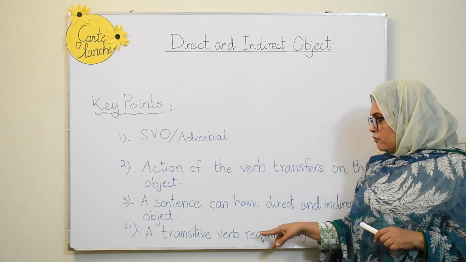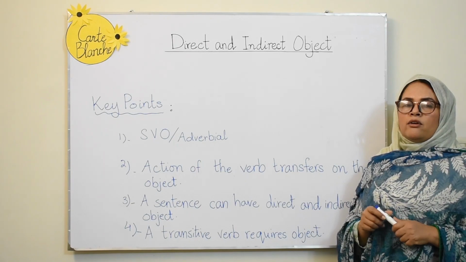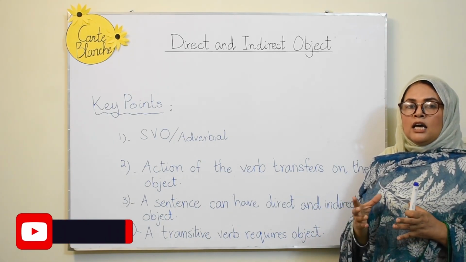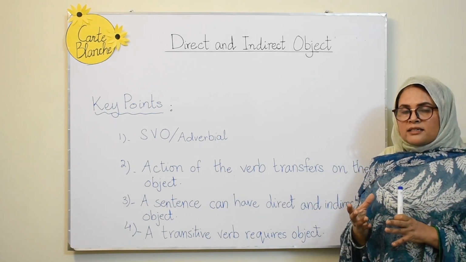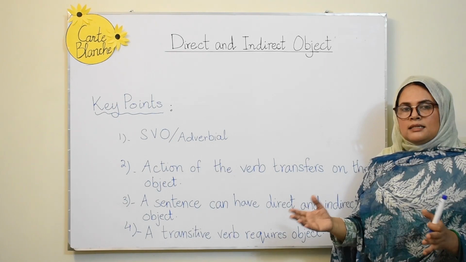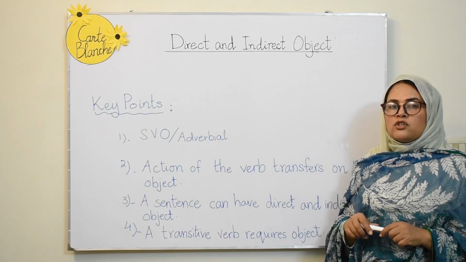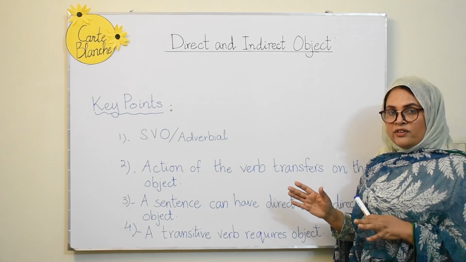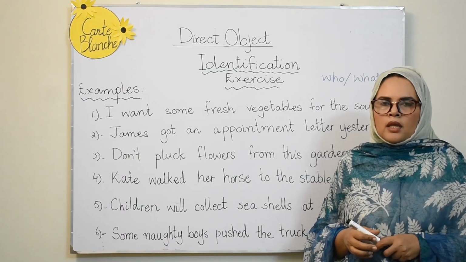And then you need to know which types of verbs actually require an object and which types do not require an object, and even then, without the insertion of the object, direct or indirect, the sentence remains incomplete. So I have said that please watch my video on transitive and intransitive verbs. But definitely we will be talking a lot about all these concepts.